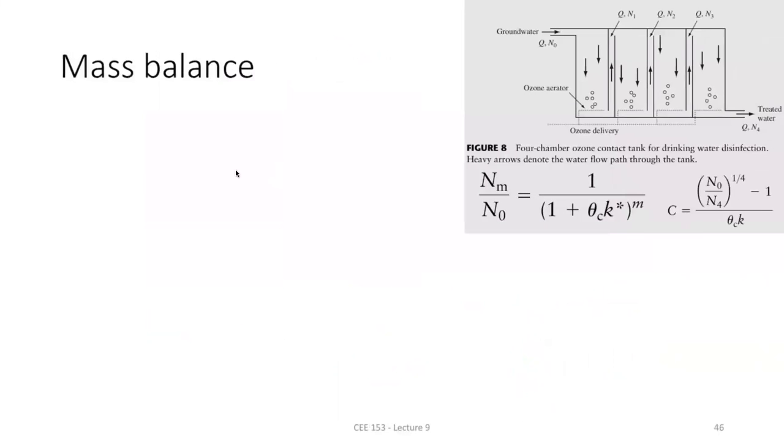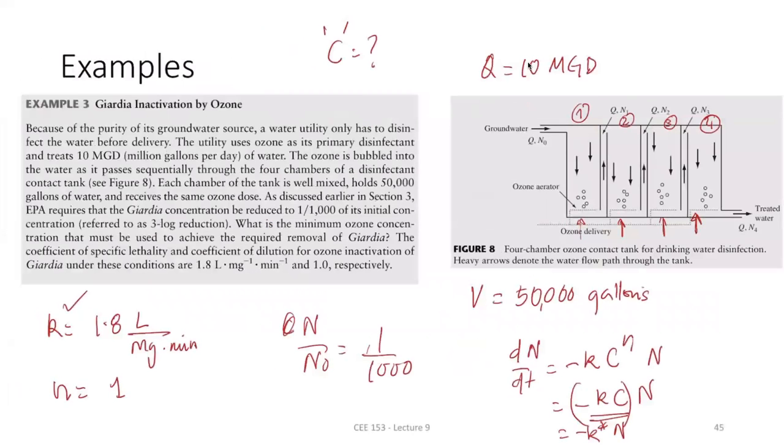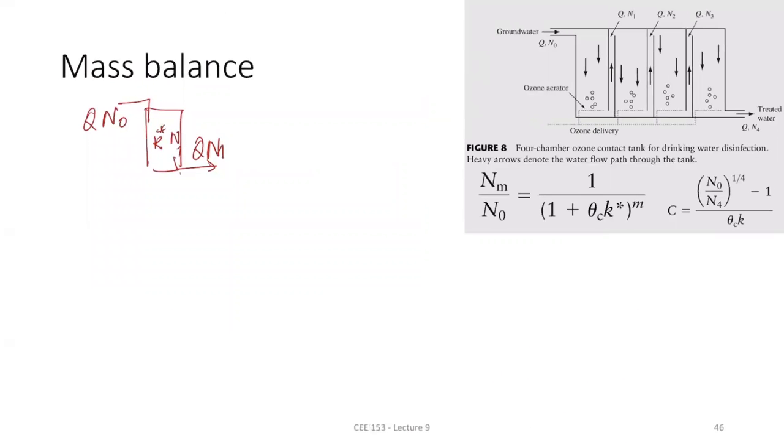So let's do the mass balance. Let's say you have one CSTR or CMFR. You add this, it comes here. So this is Q N0, and it becomes Q N1. It's going out Q N1, and then you have the reaction K star N1. So if you think of the mass balance equation, let's start with a very basic one.